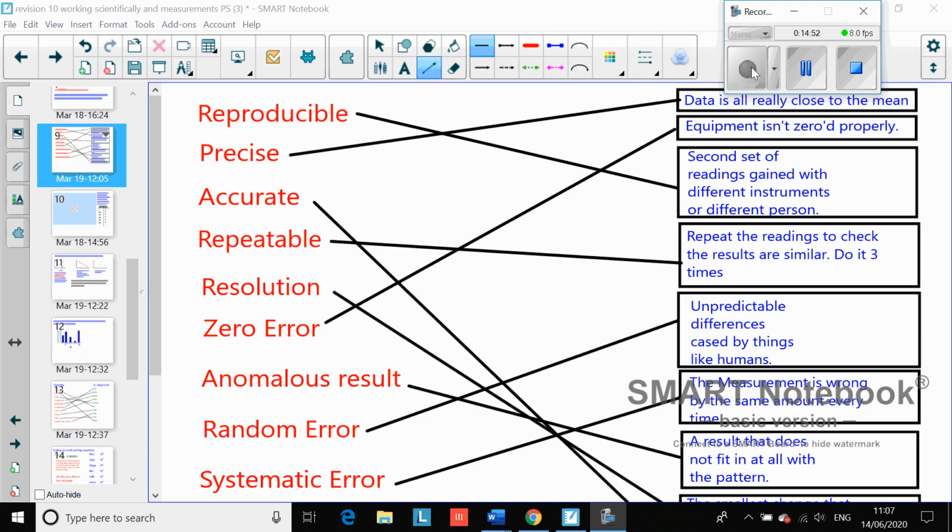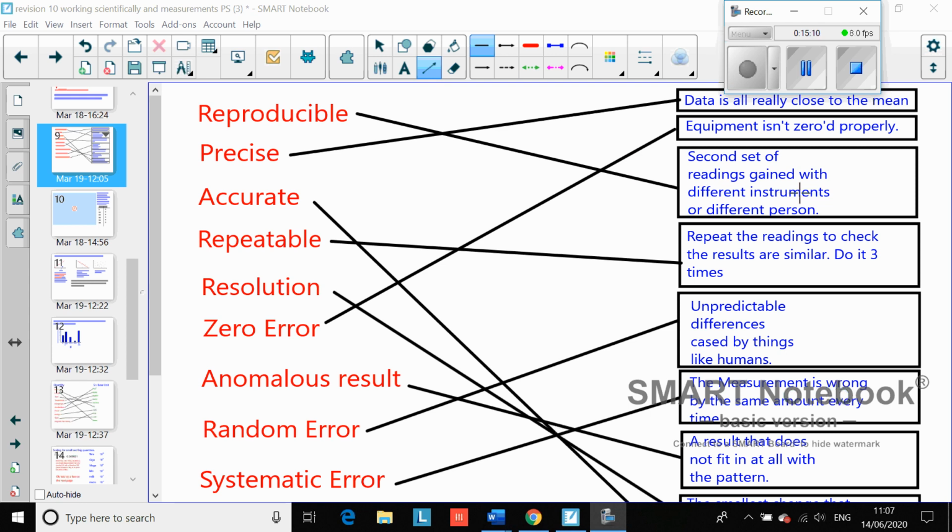Okay, year 9. So coming back to our task, these are the answers to the first task. So, reproducible. When something is reproducible, a second set of readings is gained with different instruments or a different person.